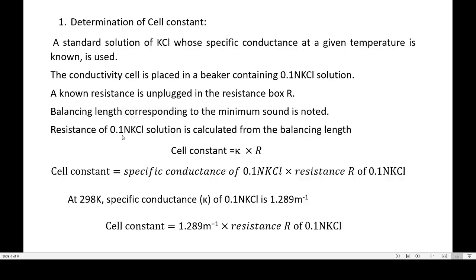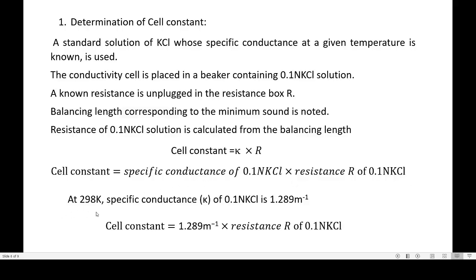So the resistance of 0.1 normal KCl solution, if it is R, and taking the value of specific conductance of 0.1 normal KCl, we can calculate the cell constant. So cell constant will be specific conductance of 0.1 normal KCl into resistance R of 0.1 normal KCl solution.